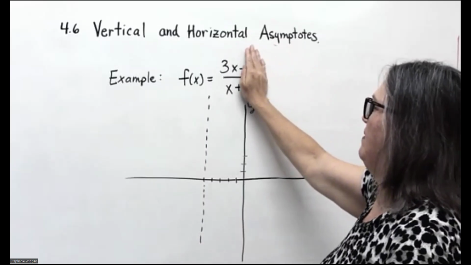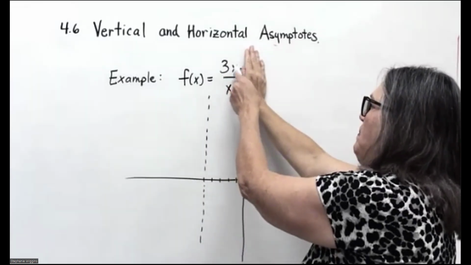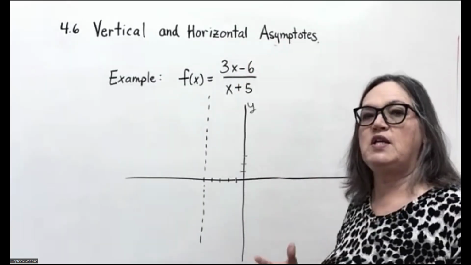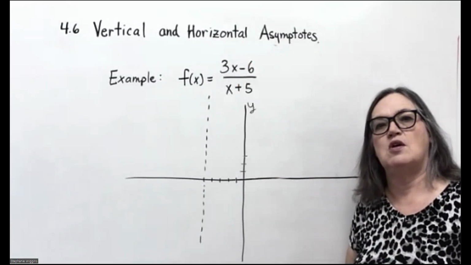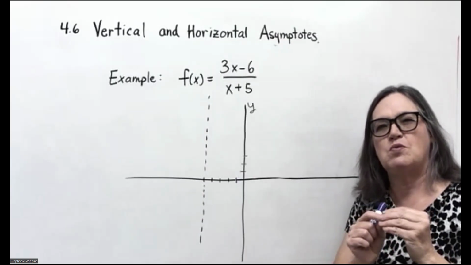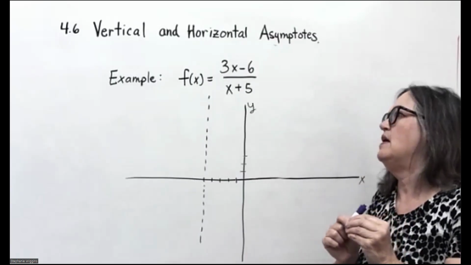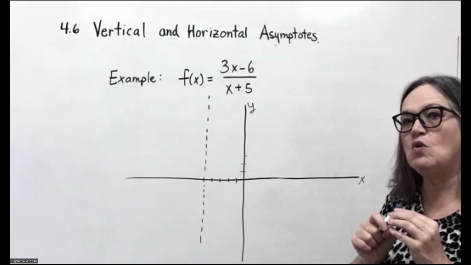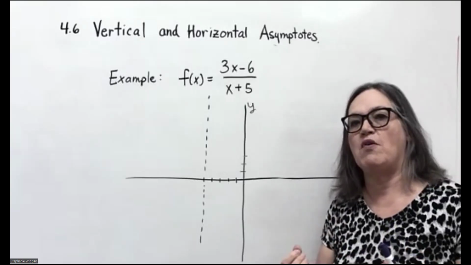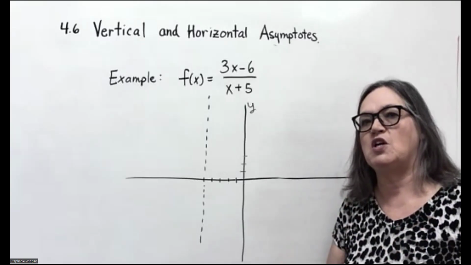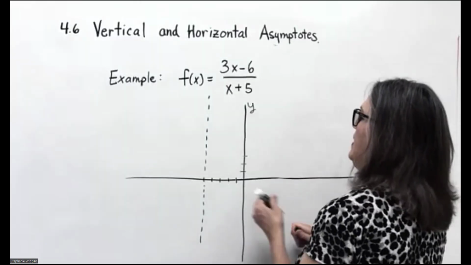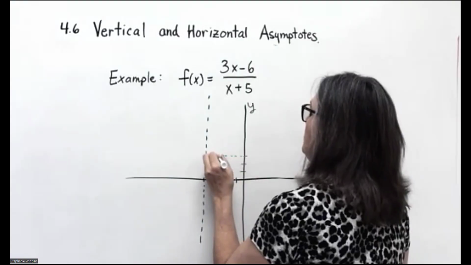So let's just pretend they're not there. You're going to have 3 million divided by 1,000,000, and that's going to be 3. So for really, really large values of x, your function is going to get closer and closer to 3, but not touching. It's not going to be exactly 3 because of these numbers that throw it off, but it's going to get really, really close. So that means that y equals 3 is a horizontal asymptote.